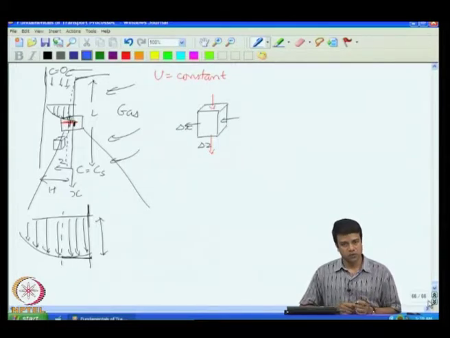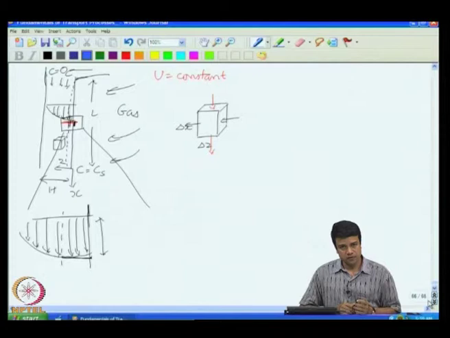As the film travels downstream, more and more gas gets dissolved into the film, and therefore the penetration depth is likely to increase. So, that was the first assumption. Penetration depth is small compared to the film thickness.